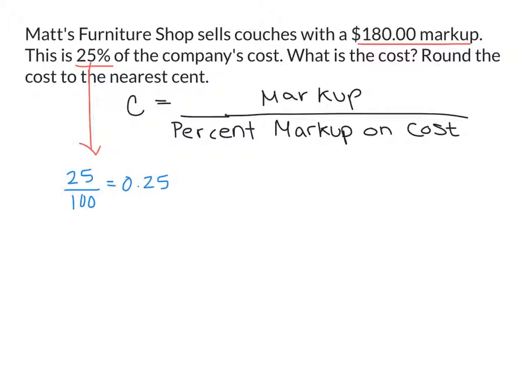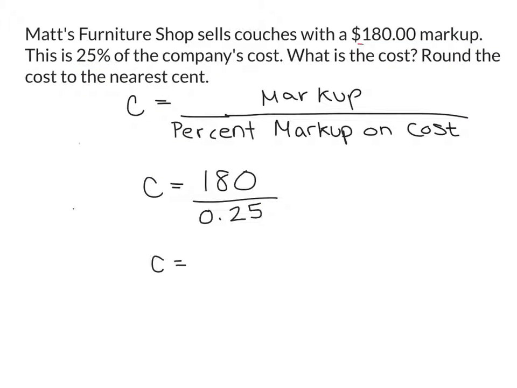So we'll take that value and substitute it into the formula. So the cost equals 180 divided by 0.25. When we do that on the calculator, we get a value of $720. So the cost is $720.